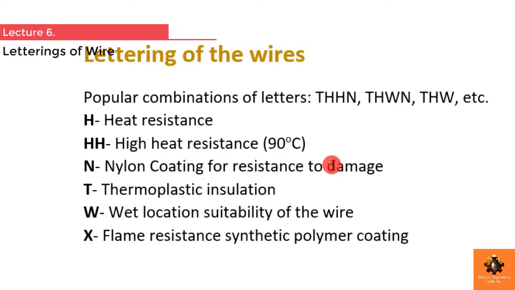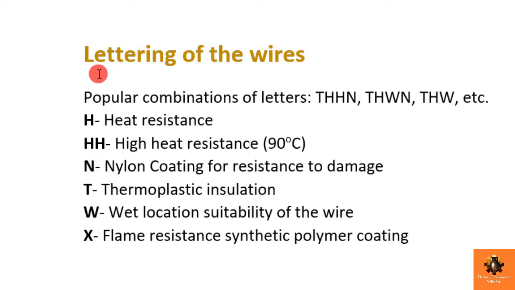Now at last I am adding one very small topic which I think is important to know about: the letters on the wire. On wire insulation, you will find some letters printed, like THHN, THWN and THW.